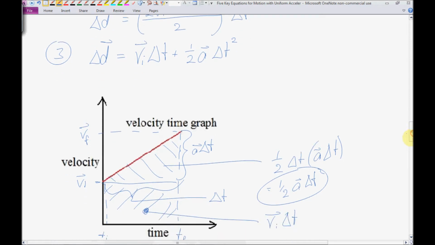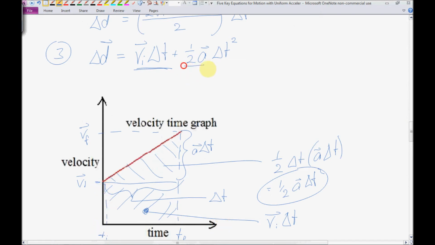And if you think about equation 3 in terms of the velocity time graph, what it's basically saying is term 1 here is Vi delta t. That's the area of the rectangle here. The base of the rectangle is the delta t. The Vi is the height.